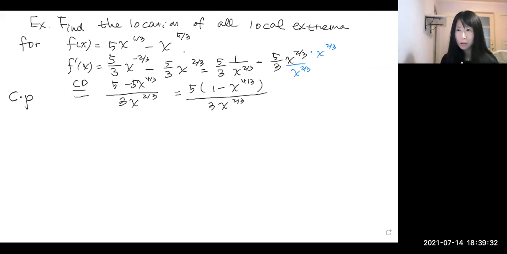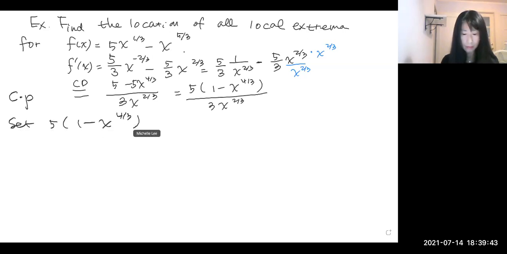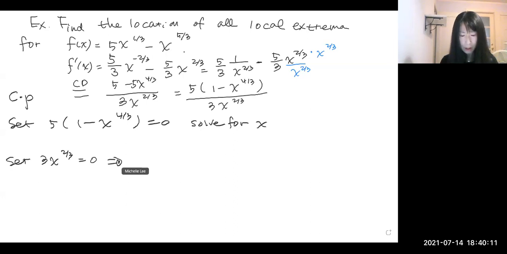So the numerator, we set f prime of x equal to 0 and solve for x. Secondly, f prime is undefined. That means the denominator is 0, which is undefined. If you plug in 0, it's undefined. So in this case, x equals 0, right?